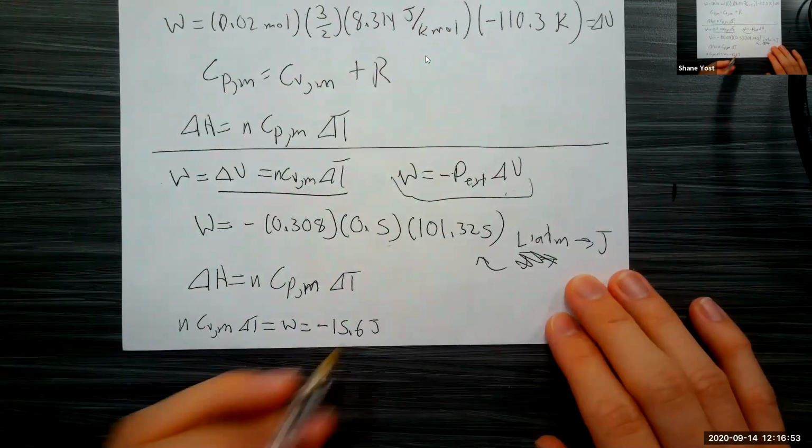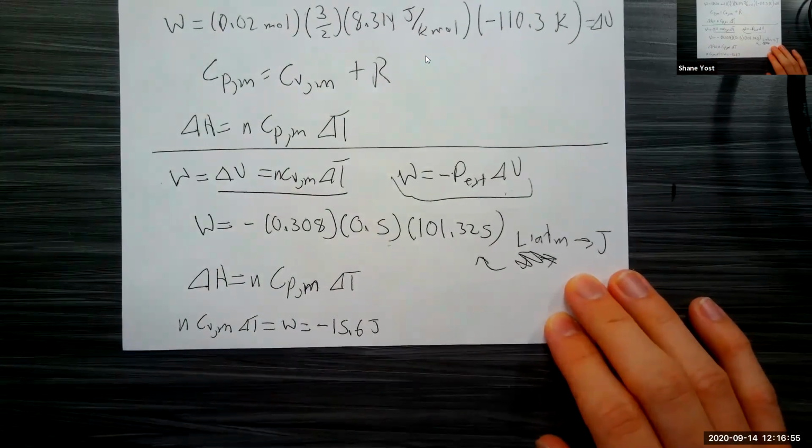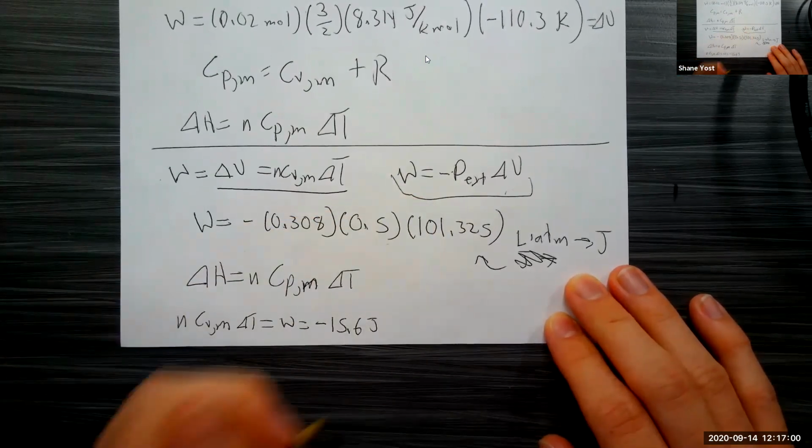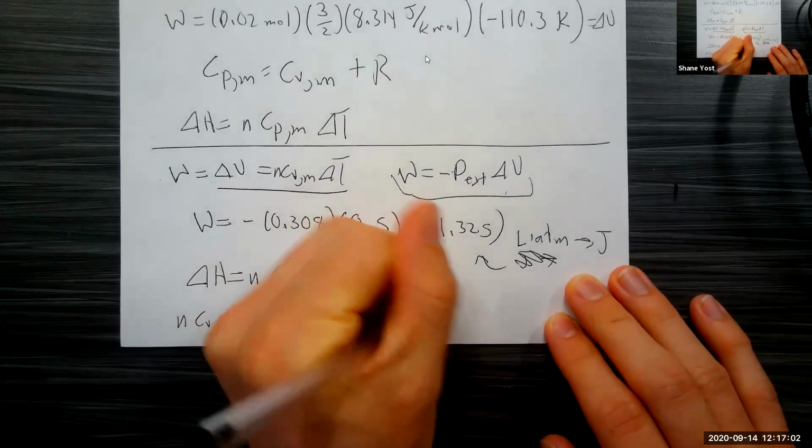So I can solve for my change in temperature by dividing C_V,m and n onto the other side.